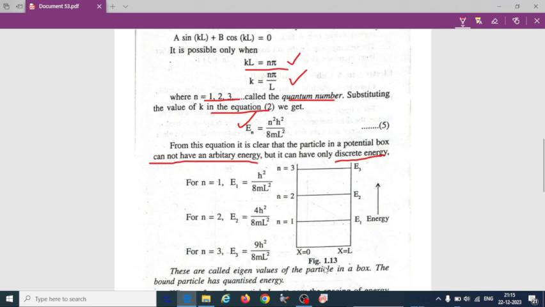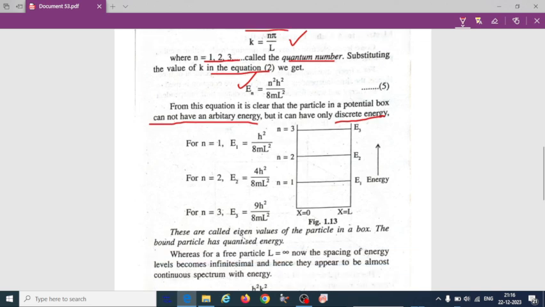So from figure 3, if we take boundary conditions x equal to 0, x equal to L, and we can take values of n equal to 1, n equal to 2, n equal to 3, so energy eigenvalues E1, E2, E3 we will get. So E1 is equal to what, n equal to 1, h² divided by 8mL². Like that E2 is 4h² by 8mL², like that E3.